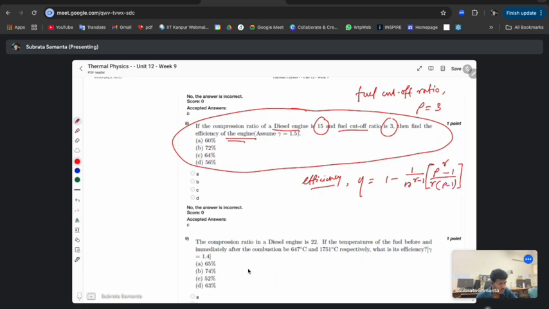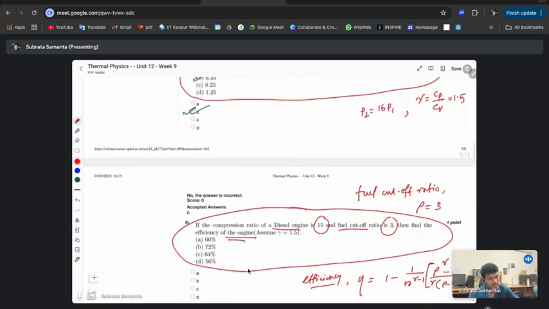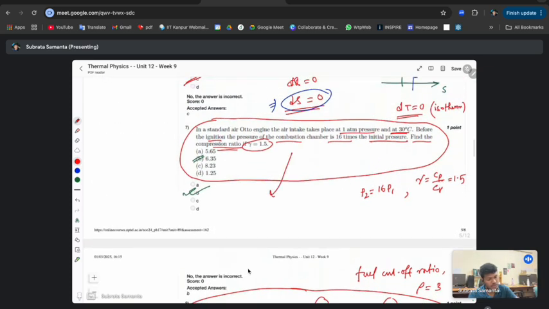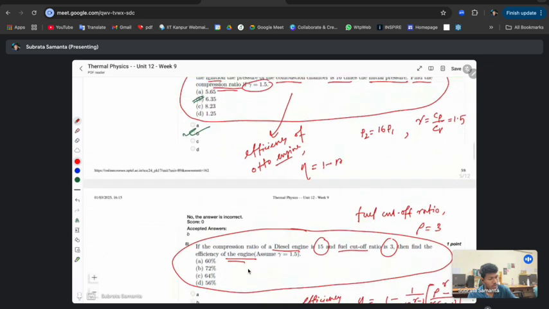Compare this with the efficiency of the Otto engine that we discussed previously. For the Otto engine, eta is 1 minus 1 over r to the power gamma minus 1.